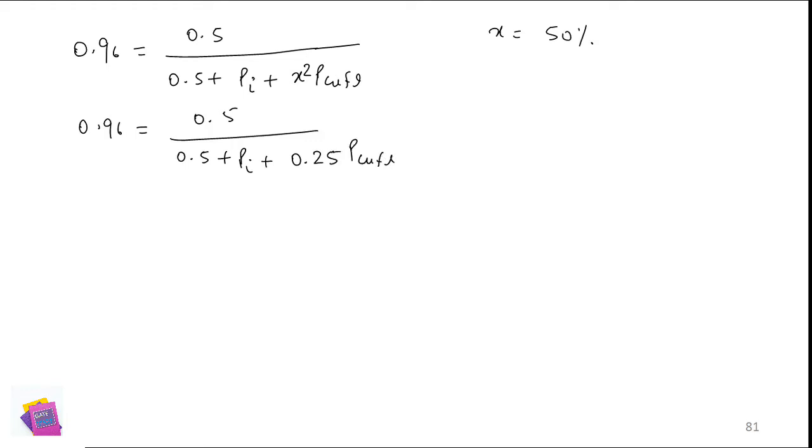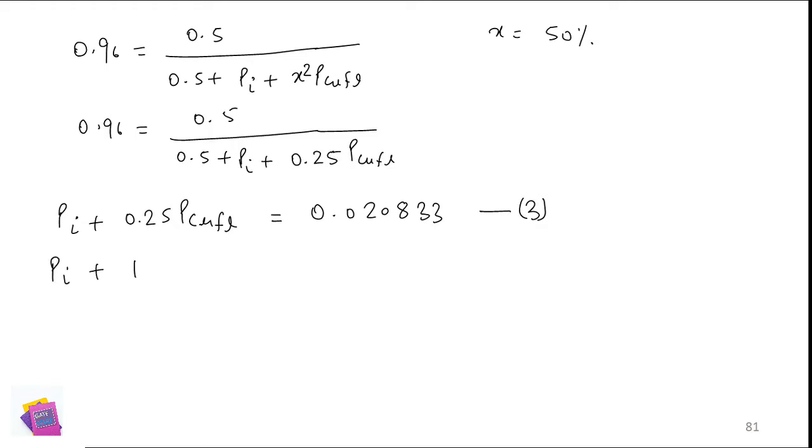After solving this equation you will get a relationship: PI plus 0.25 P copper full load. This is the shortest trick I am explaining to you. So this will be equation number 3, which will be something like 0.020833.